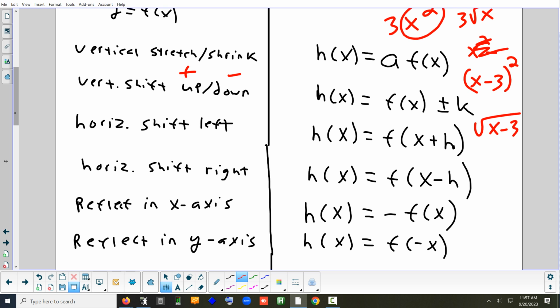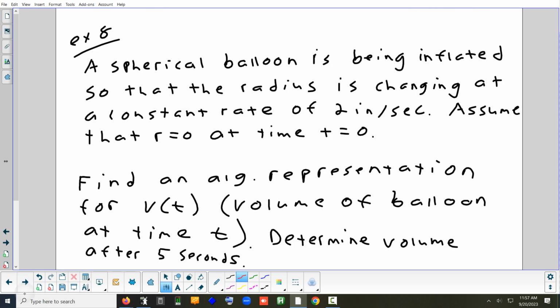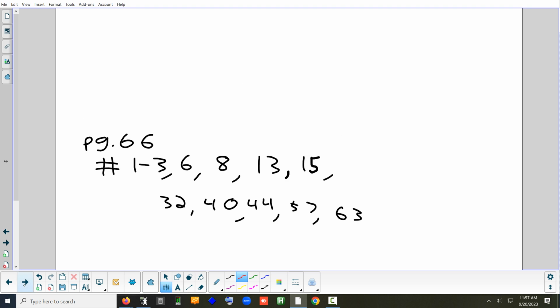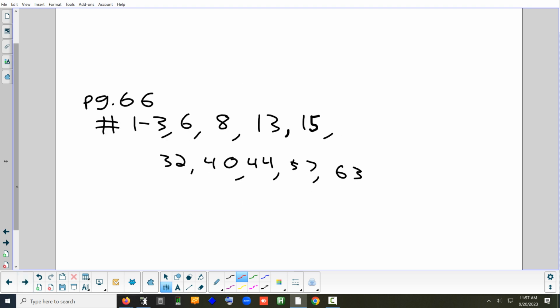Okay, I'm going to put up the homework, but like I did yesterday, I got to adjust it. Okay, so 1, 2, 3, that's okay. 6 and 8, that's okay. 13, 15.